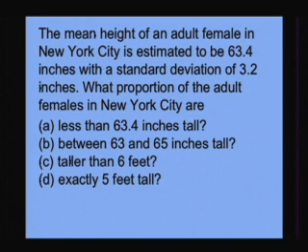What proportion of the adult females in New York City are A, less than 63.4 inches tall, B, between 63 and 65 inches tall, C, taller than 6 feet, and D, exactly 5 feet tall. All right, pause the video while you work on this problem, and when you are finished, restart the video to check your solution.